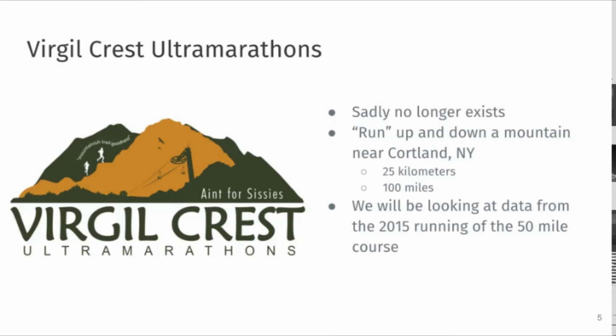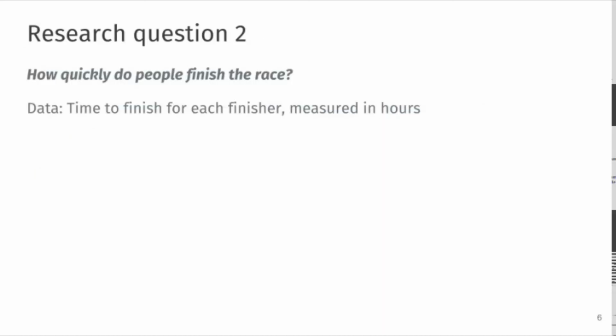To remind everyone of our ongoing example for the time being, we're looking at data from the 2015 running of the 50-mile course at the Virgil Crest Ultra Marathon Series. What we were looking at last time was the question of how quickly people finish the race.